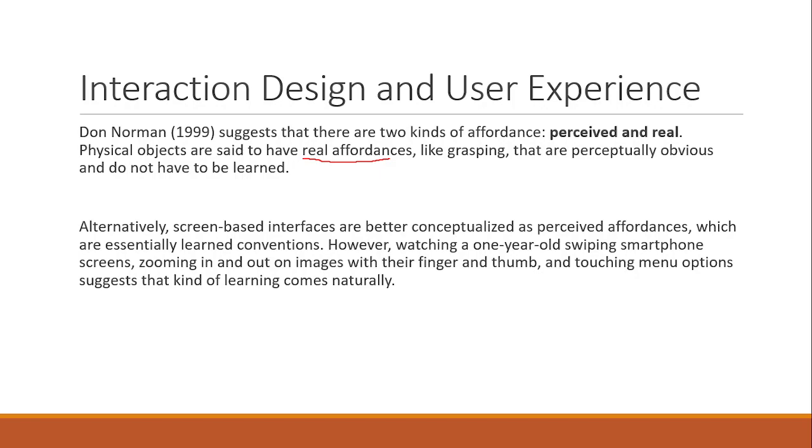So using this distinction, he argues that it does not make sense to try to design for real affordances at the interface. So when designing the user interface for applications, dito na try to design for real affordance, except when designing physical devices.